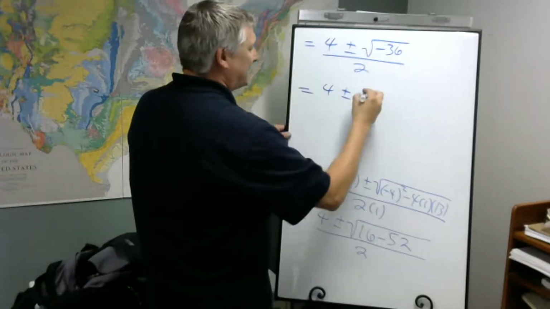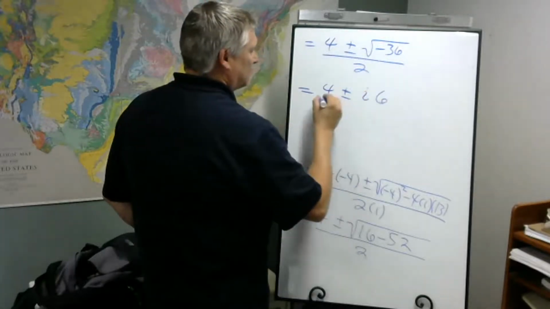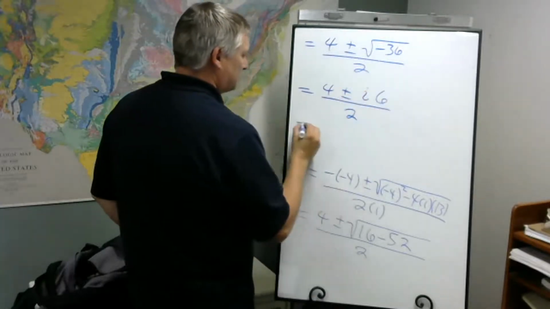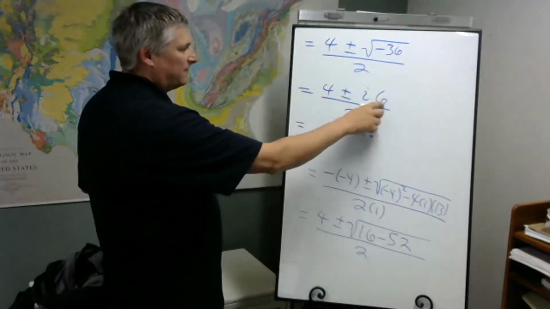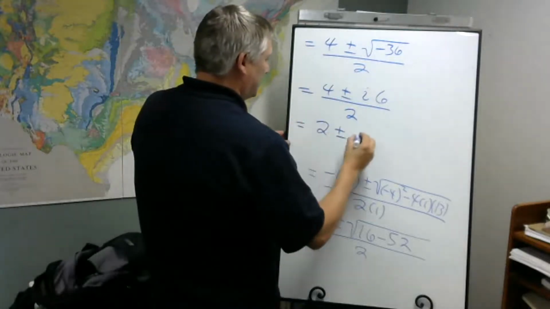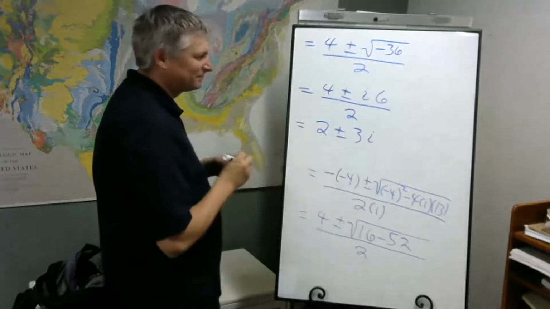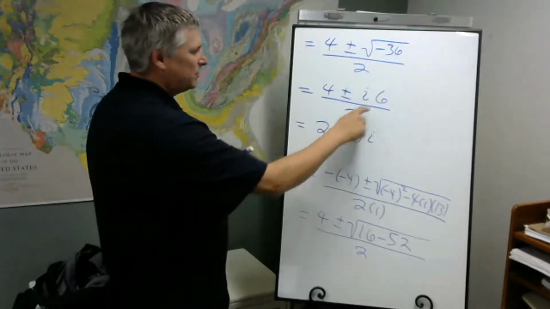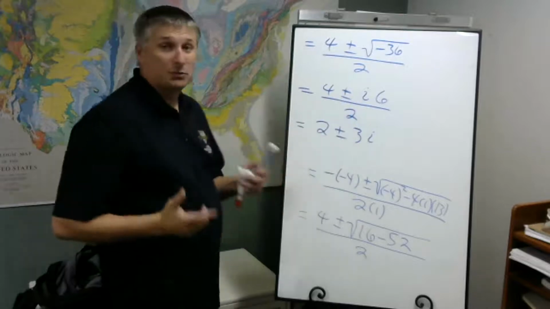So the negative factors out as an i. Square root of 36 is 6 over 2. And you could divide the 2 into each of these or factor out a 2. But what you'll get is 2 plus or minus 3, and customarily we actually put the i on that side. So 2 went in the 6 3 times, 2 goes in the 4 2 times, the i just remains.